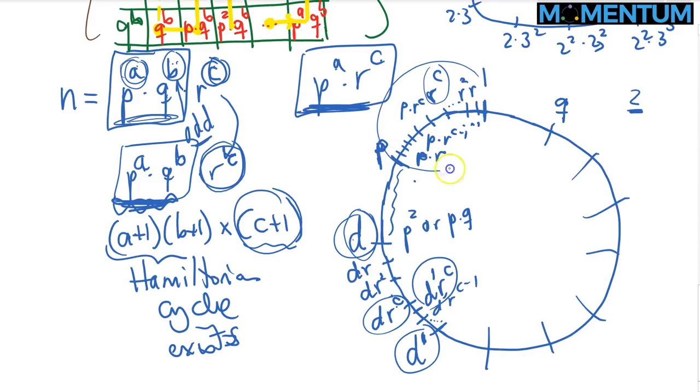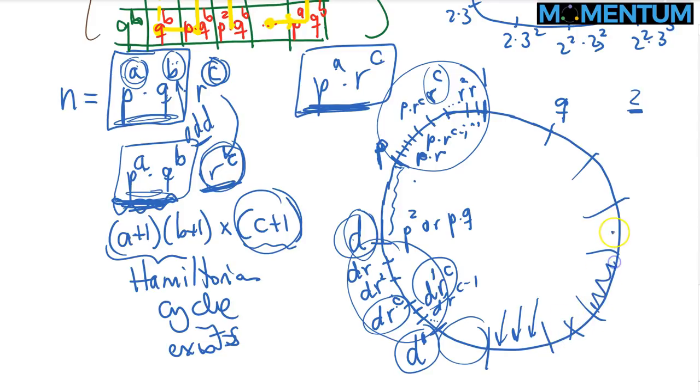So you put a bunch of numbers, then you leave a blank. Then you put a bunch of numbers between the next consecutive pair, and then you leave a blank. And then you put all these R to the C related divisors, and then you leave a blank, nothing here. You put them and then leave a blank, put them.